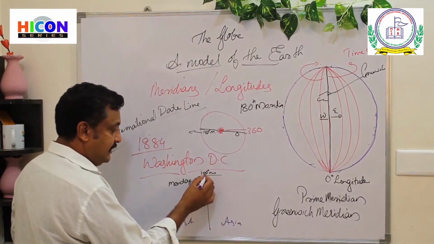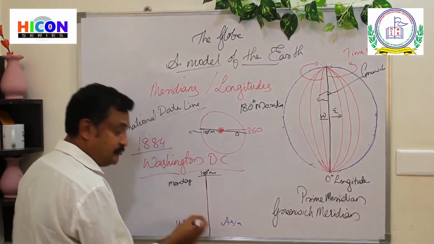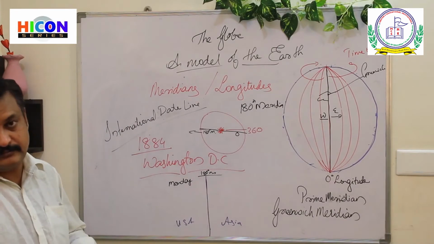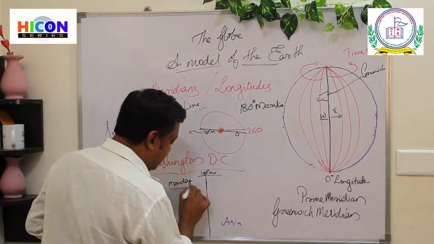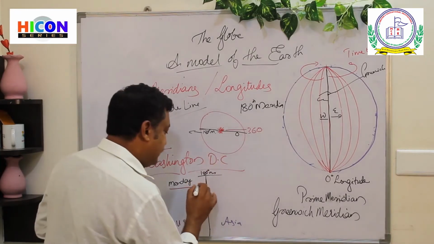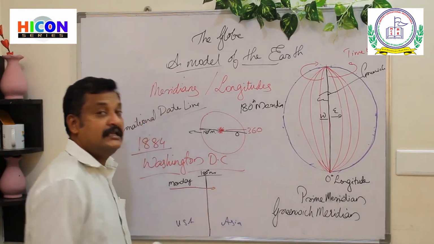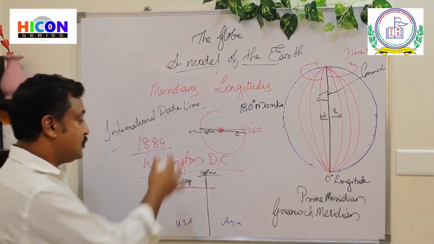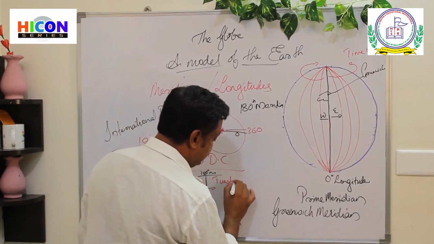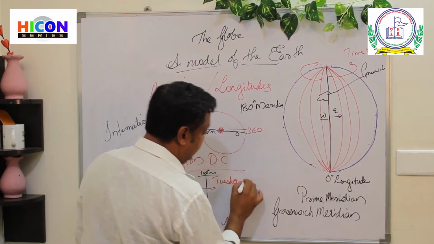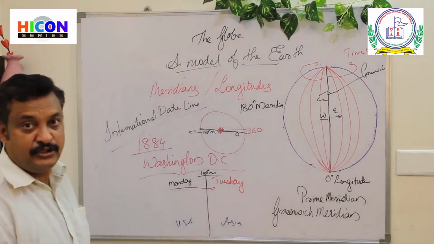This line falls exactly in between these two regions. Right? So, on Monday you started and Monday itself you crossed this line. But once you cross this line, you have to change yourself to Tuesday. Means the date has to be changed into Tuesday.